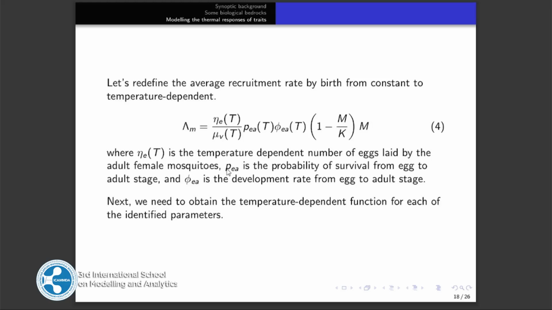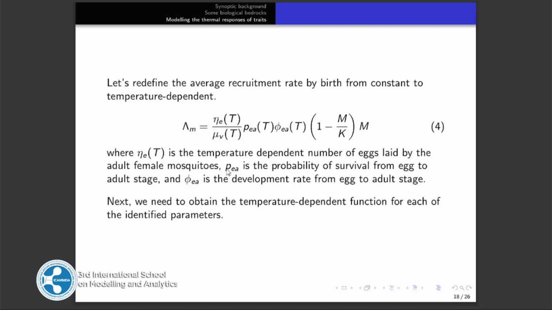Instead of moving from this to this to this, we have just lumped together, if you have the eggs, the probability that it's going to survive to the adult stage, and we have incorporated it here into the birth rate of the adult mosquitoes. But you also see that even what we are looking at is still starting from the egg, isn't it?